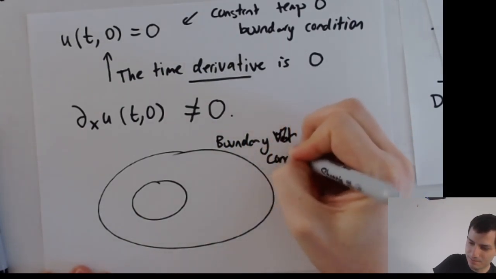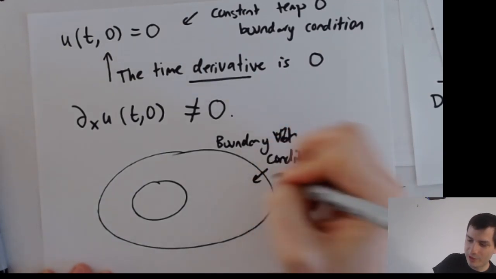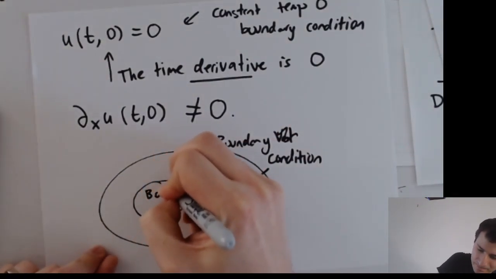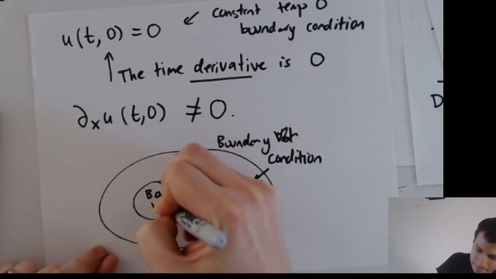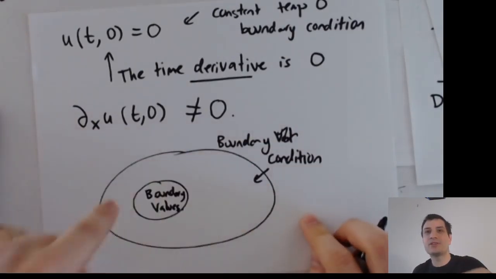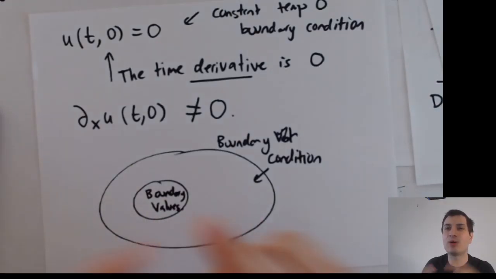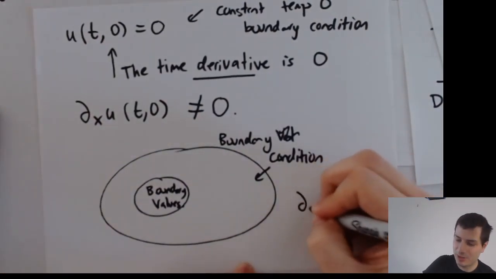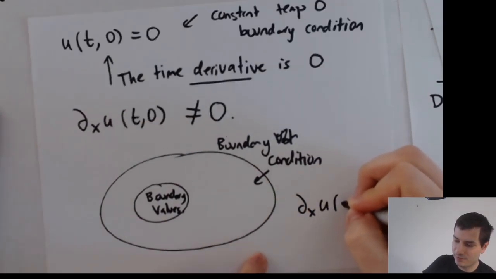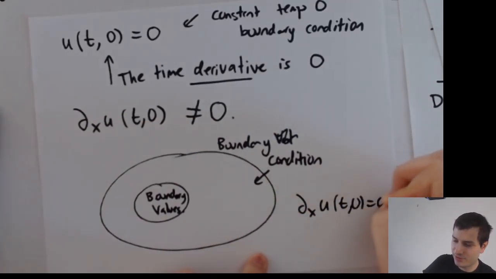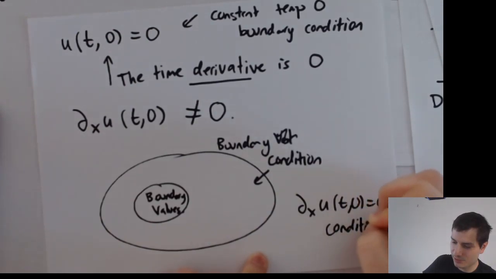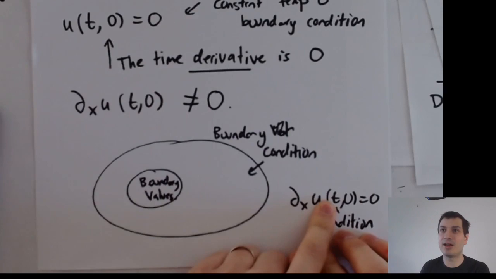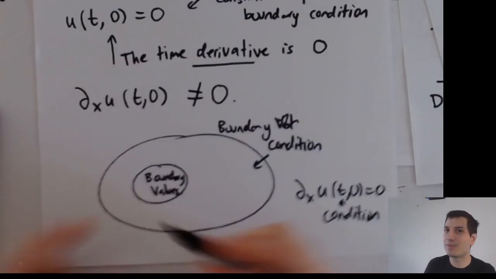Boundary condition is like the big bubble. It includes boundary values. But if somebody says what is going on at the boundary, it might not be a value, it might be a condition. For example, partial x u(t, 0) equals 0 is a condition, not a value. It's a condition on the derivative, not the value of the function. That's why it's not a value. On the quiz, I guess it was a boundary value.